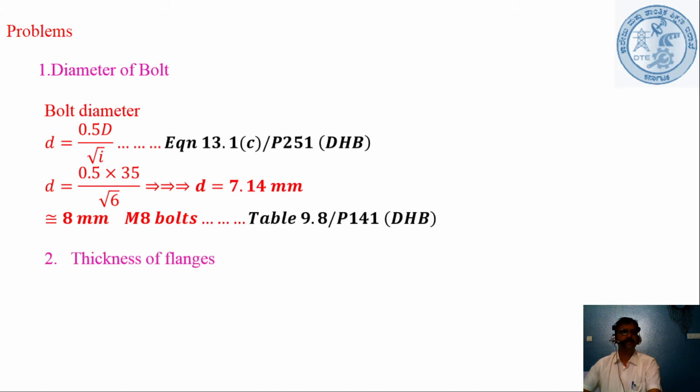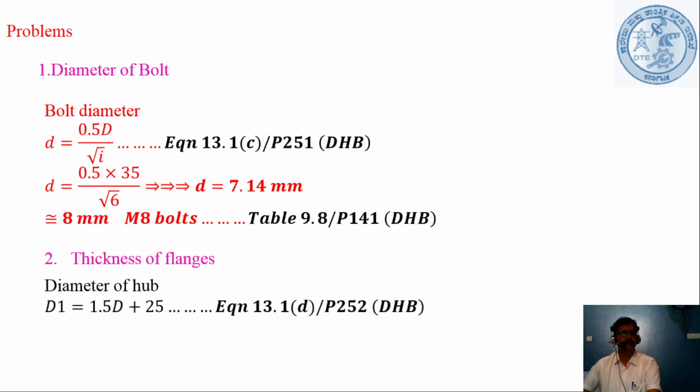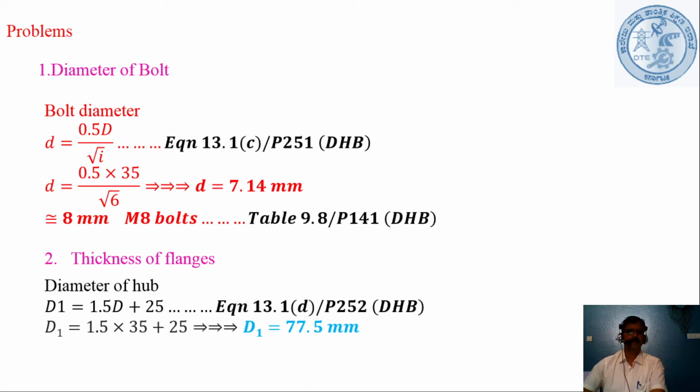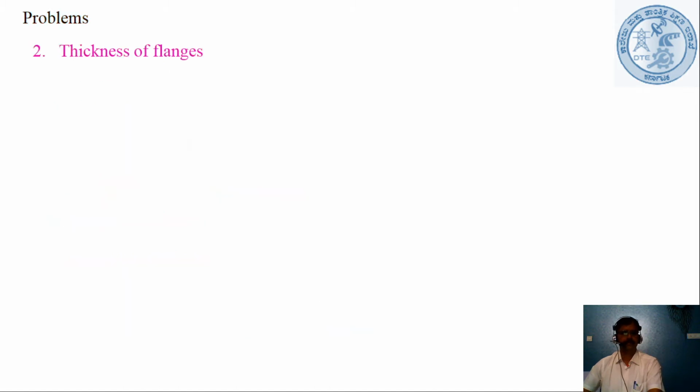Now let us find out the thickness of the flanges. Diameter of hub D1 is equal to 1.5D plus 25 millimeter. This is the empirical rule. Substitute the diameter of the shaft and calculate D1, that is 77.5 millimeter.